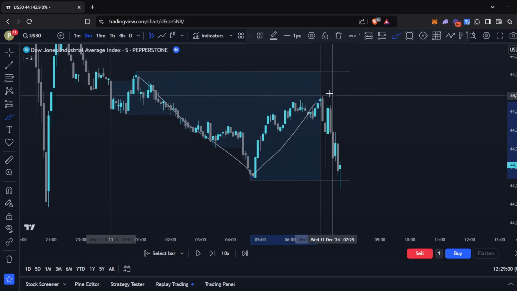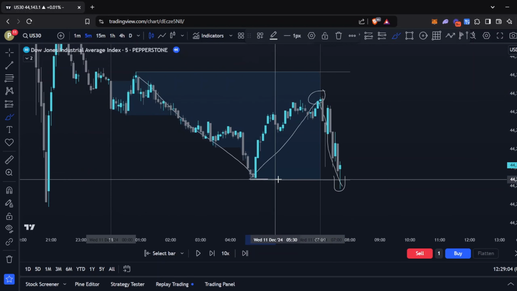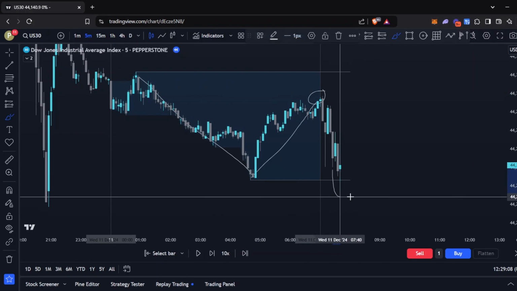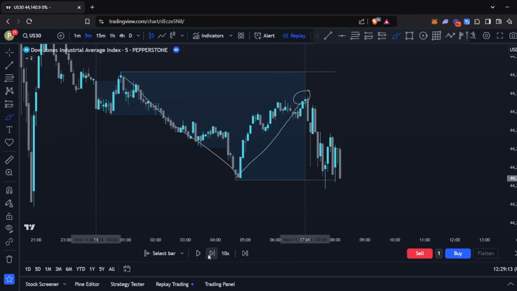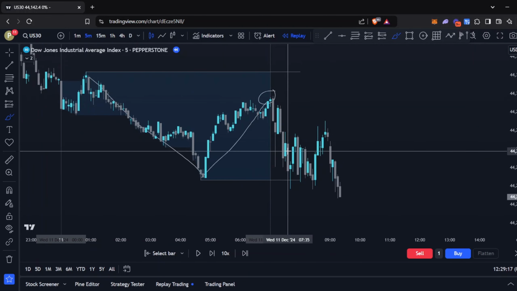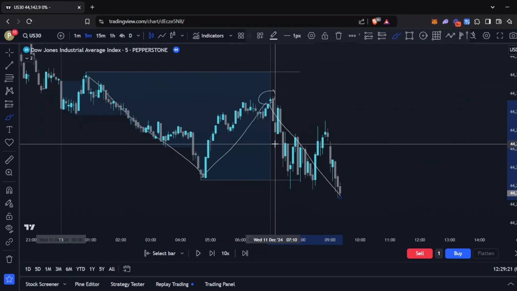We then get a lower high right here. Now if we break and close below this low, that would be our lower low. But that hasn't happened yet because this is just a wick. So we're still waiting, and price eventually gives us a lower low right there. Now this entire move can be classified as a lower low.